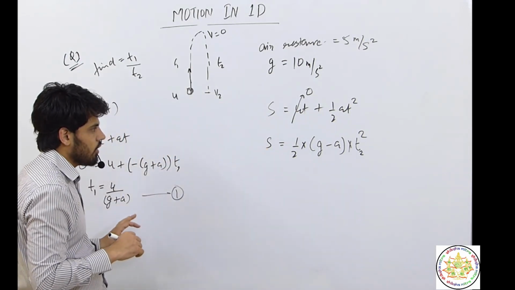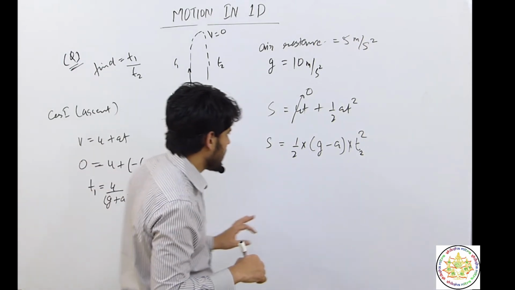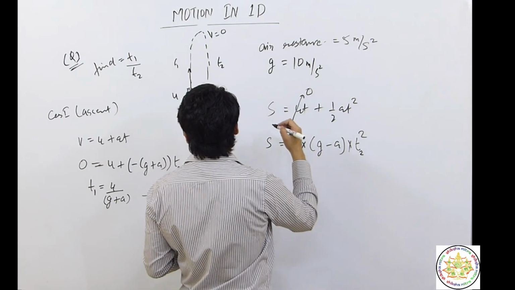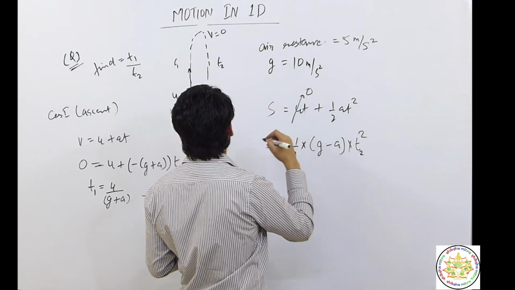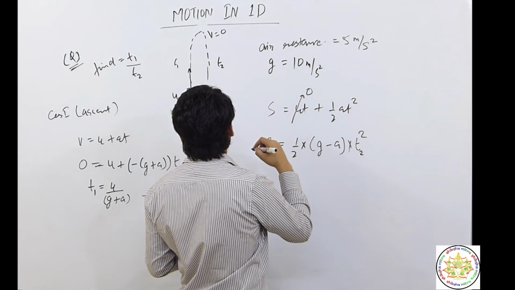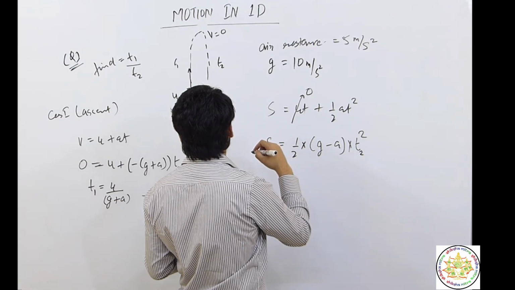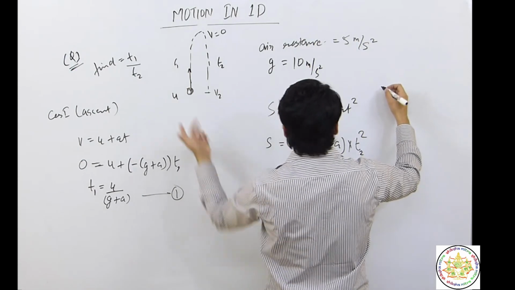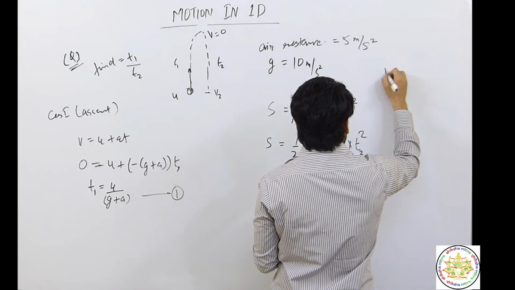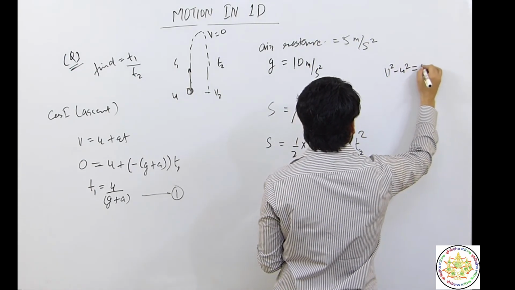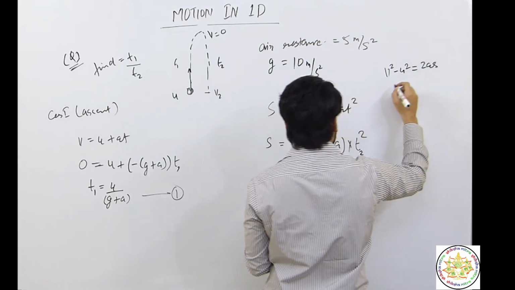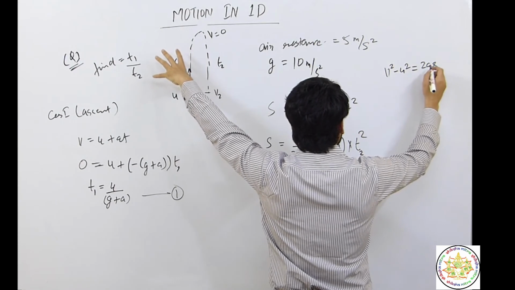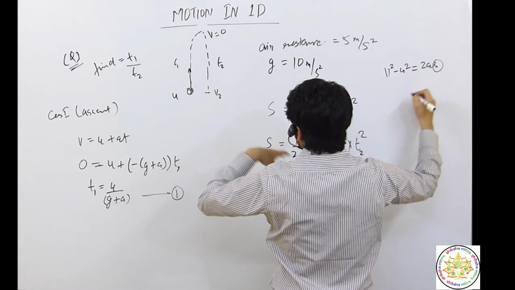So what we will do now, we will put the value of s so that it can be resolved easily. So s can be calculated from v square minus u square is equals to 2as. As we can also calculate this distance from the first motion. What is this? V square minus u square is equals to 2as. What was final velocity for the case 1? We are doing this for the case 1 to calculate the distance.